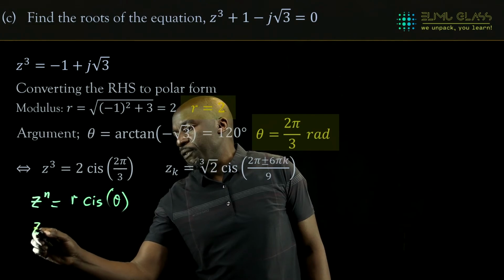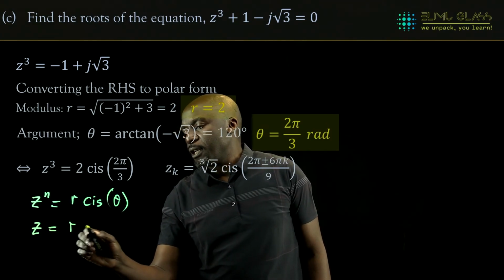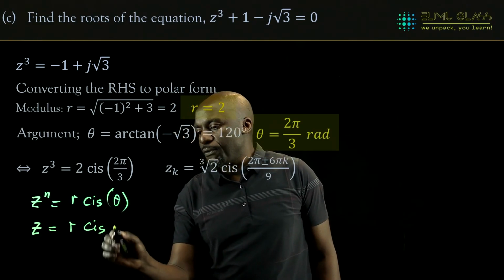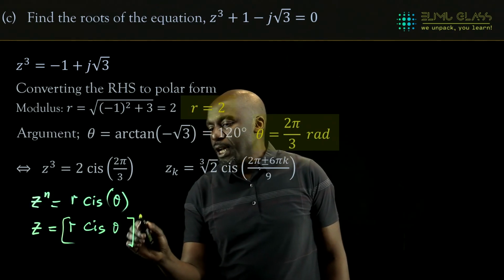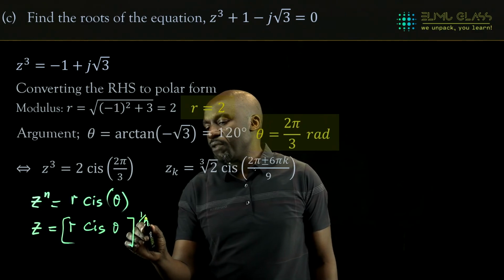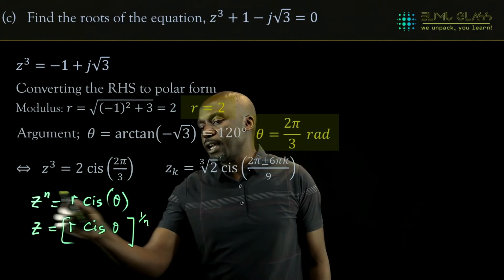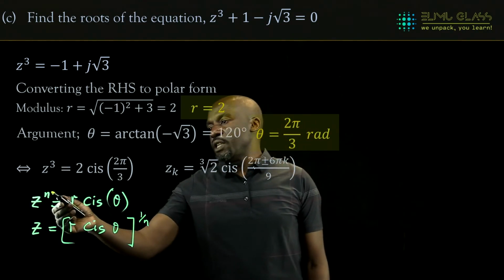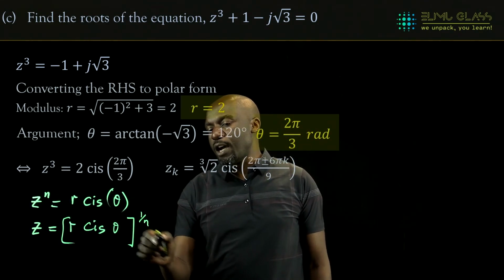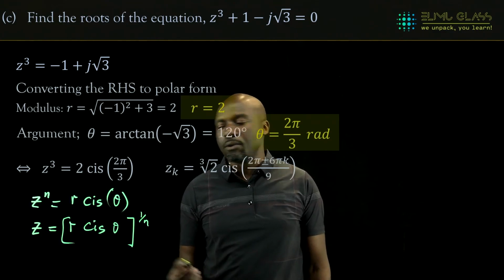So z is r cis of theta, and now I put this into brackets and put 1 over n, because we are looking for the nth root. If this is power n, then I have to put power 1 over n. If this is power 2, then I put power a half to mean that I'm looking for the square root, and so on.